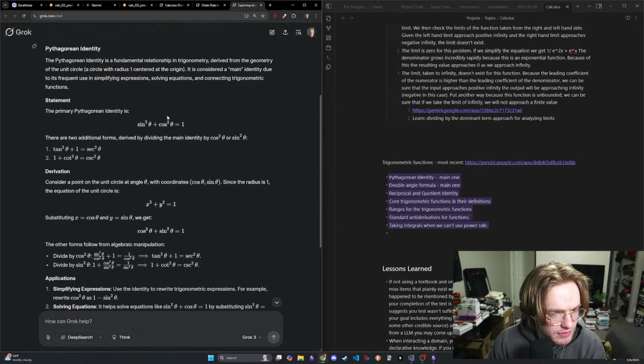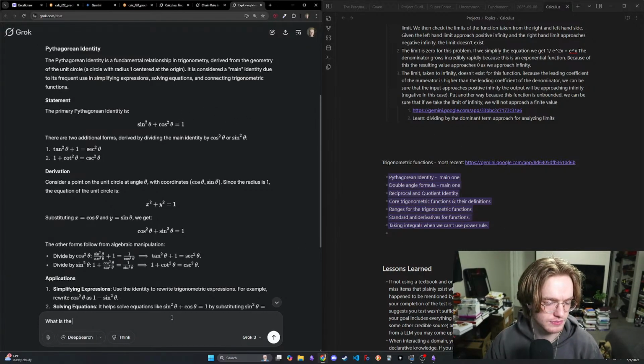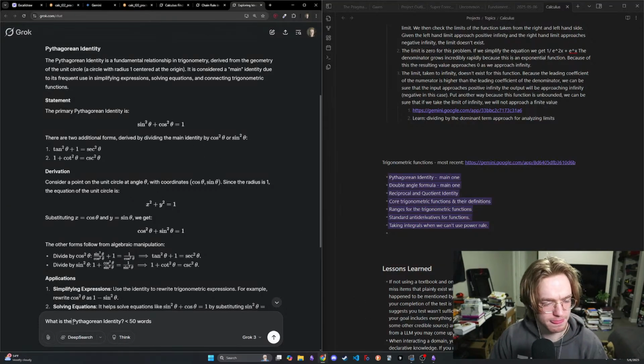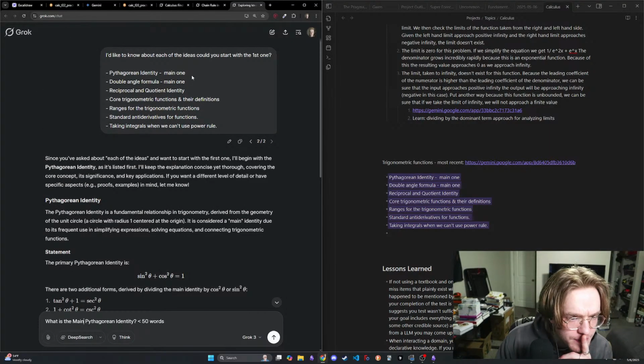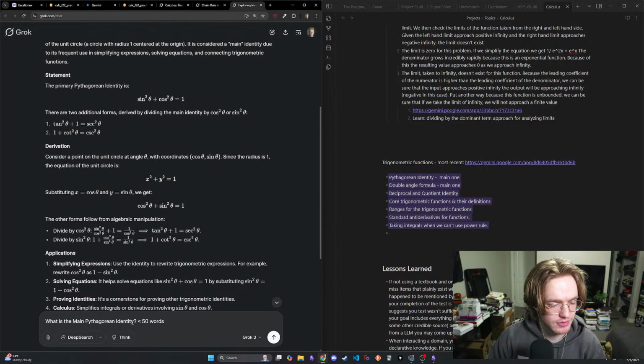The primary Pythagorean identity is this. Okay. Pythagorean identity. Less than 50 words. What is the main Pythagorean identity? The Pythagorean identity.